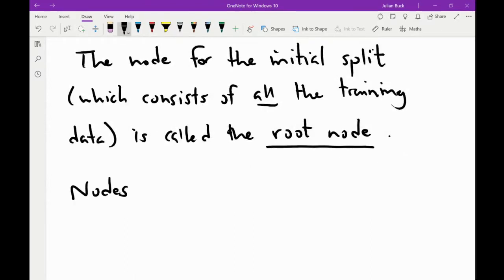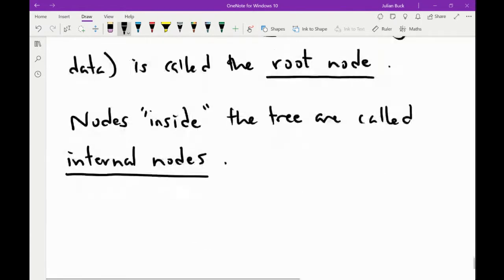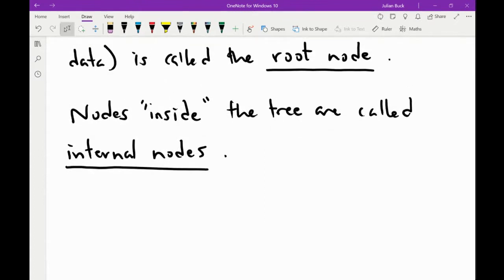Nodes inside the tree, between the root node and the terminal nodes, are called, we don't have a tree-based name here, we just call these internal nodes. I'm not sure what the equivalent thing for a tree would be, right?